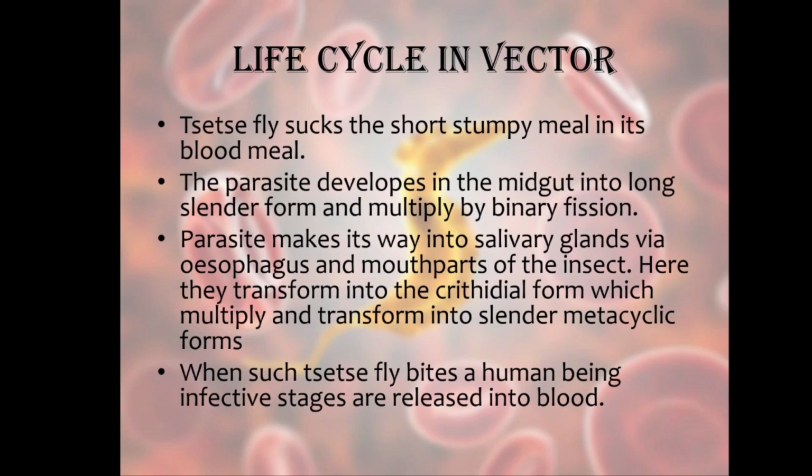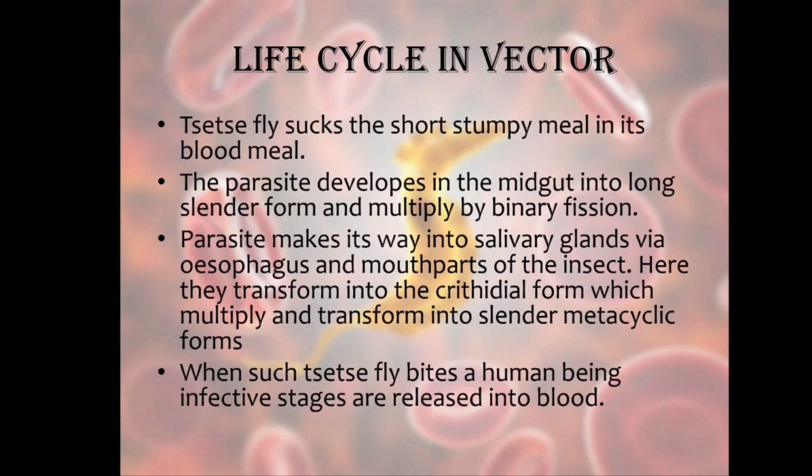The parasite then will make its way into the salivary glands via the esophagus and mouth parts of the insect, and inside the salivary gland lumen, the parasite is going to transform into the crithidial form. So, if you recall, the crithidial form is the epimastigote form. Then this crithidial form again multiplies and finally transforms into the slender metacyclic forms.